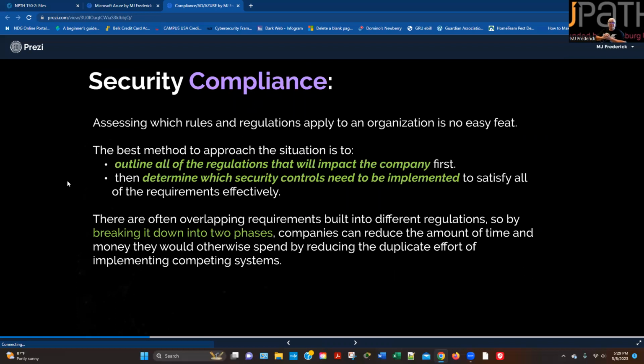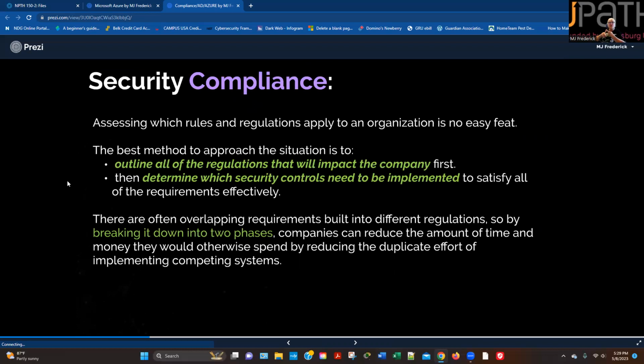So, security compliance. Assessing which rules and regulations will apply to an organization is not an easy feat. It's just not. So the best method to approach in a situation like this is you need to outline all of the regulations that will impact a company, number one.